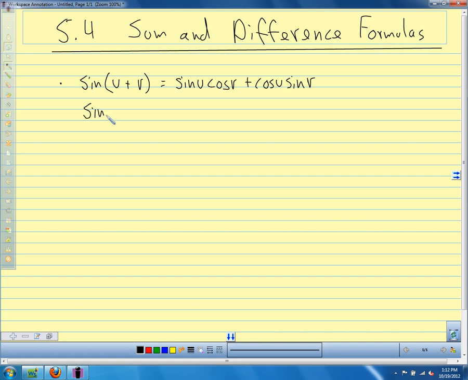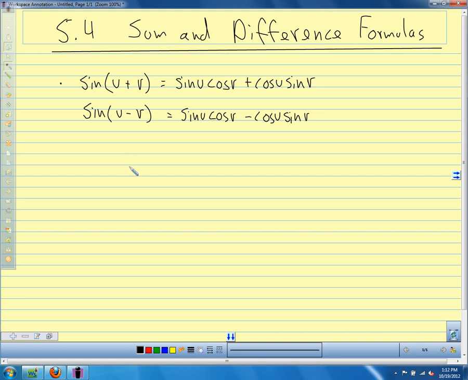And sine of u minus v is the same thing, except we have a minus sign here. So we have sine u cosine v minus cosine u sine v.